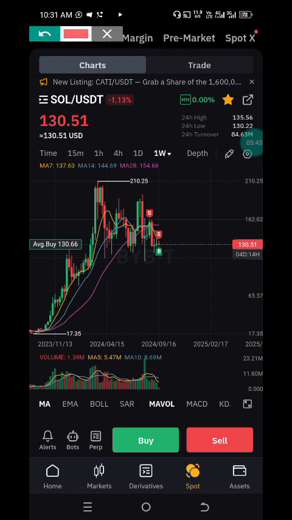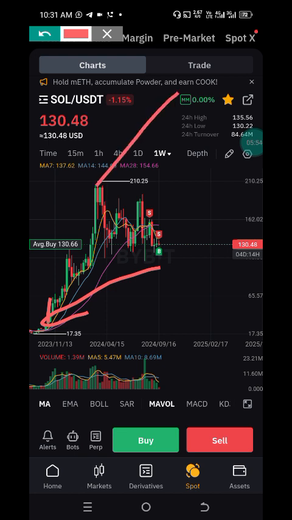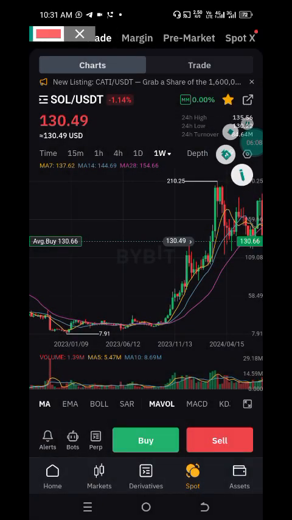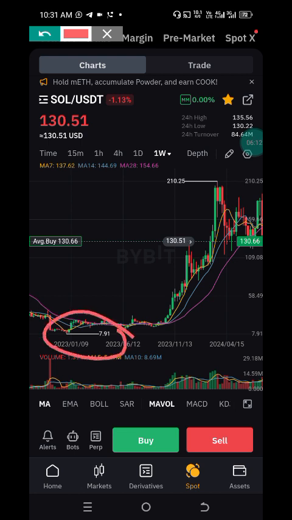For example, the last price at a down movement that Solana reached, we call the total low, and the last high in an uptrending movement that Solana touched is 260 point something. So let me check the loss. Wow, this is the price that Solana reached: 7.91 US dollars as a total low.